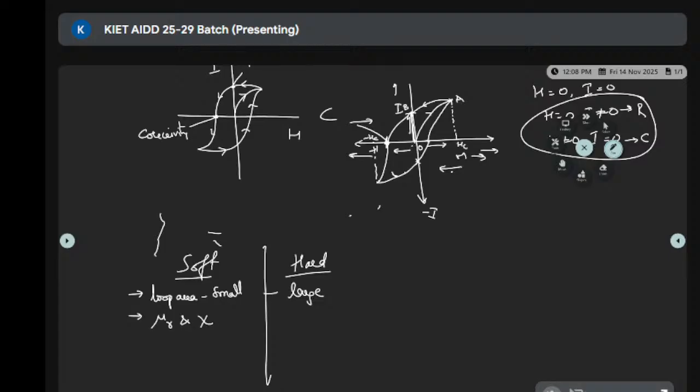Relative permeability and magnetic susceptibility, these values are high for soft magnets, and these are small for hard. The density values of soft magnets are small, hard magnetic materials are large. Low currents.